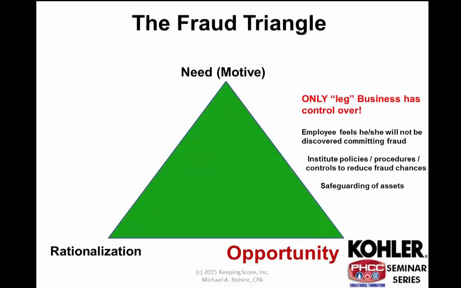That's what we're going to talk about this afternoon: ways to minimize the chances for fraud by controlling the opportunity to commit it. With the opportunity leg, it's a matter of safeguarding your assets, and you want to institute internal controls that will reduce the chances for fraud to happen.